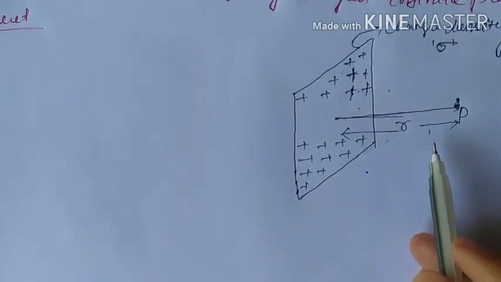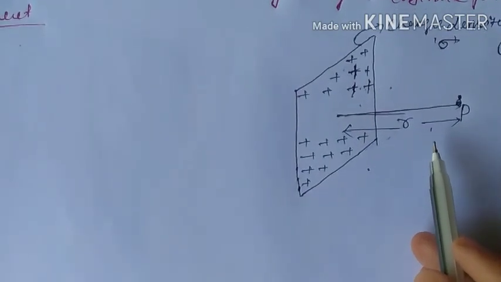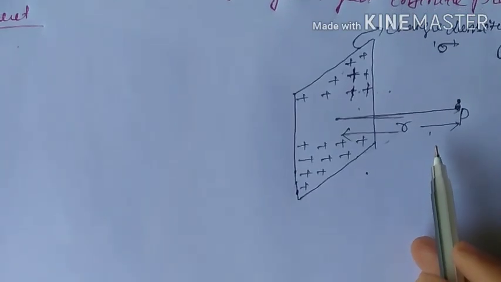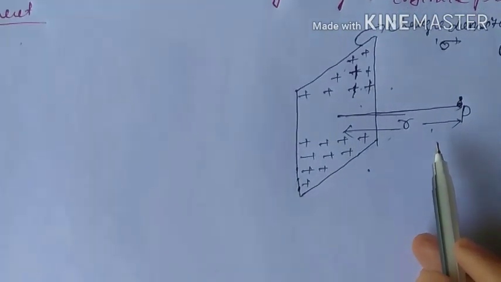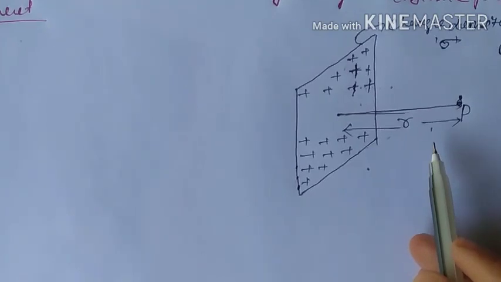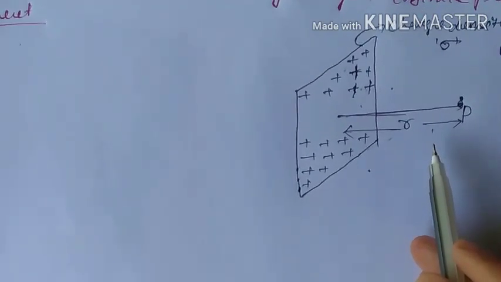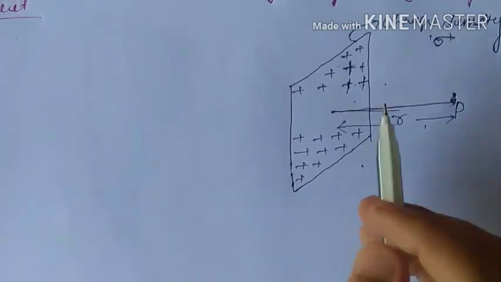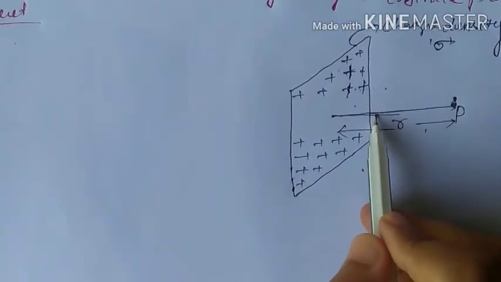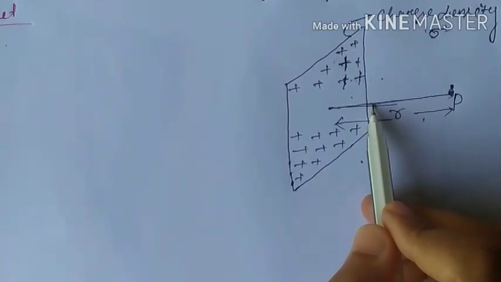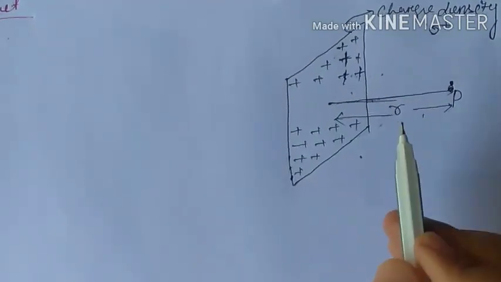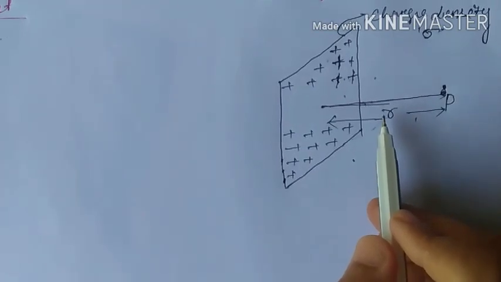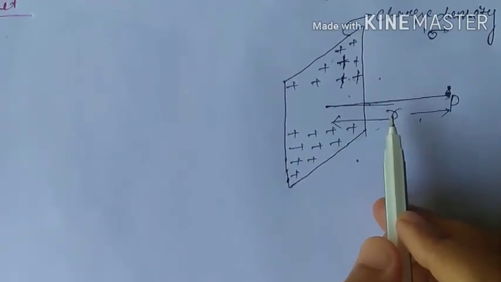Various trials we have performed, and we reached an appropriate Gaussian surface in the shape of a closed cylinder, or you can also take a rectangular parallelepiped whose axis is normal to that sheet of charge, and also we have to maintain the magnitude of E to be constant throughout.